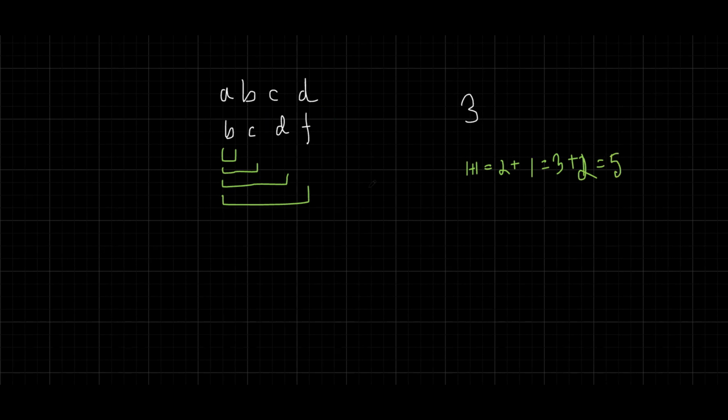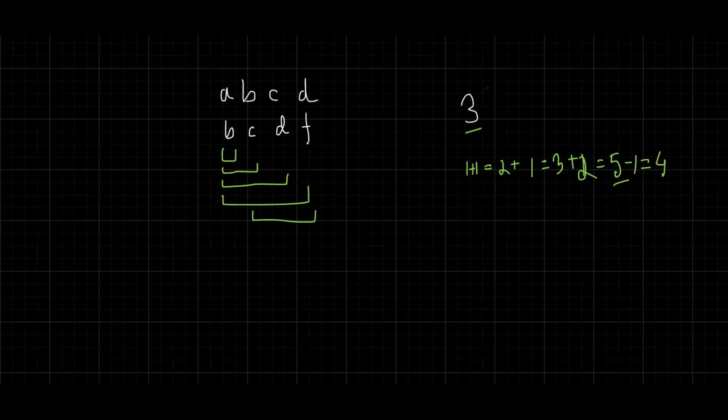Now, 5 is definitely greater than 3. So we have to shrink our window. That means we have to shift our left pointer 1 unit to the right side. So here, by doing this, we have to simply subtract the difference of A and B, which will be 5 minus 1, which will be 4.